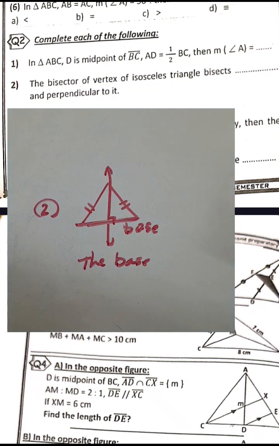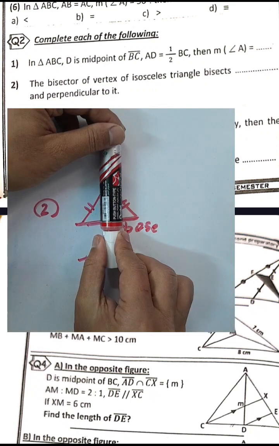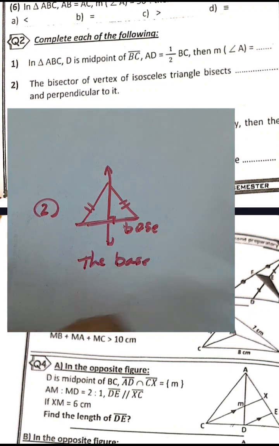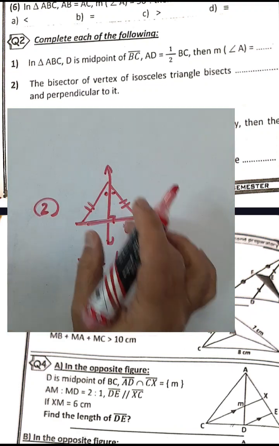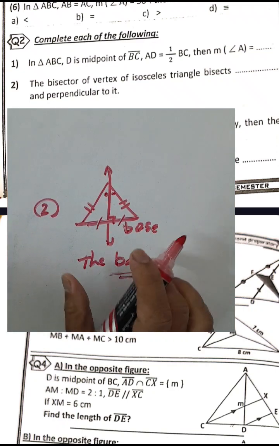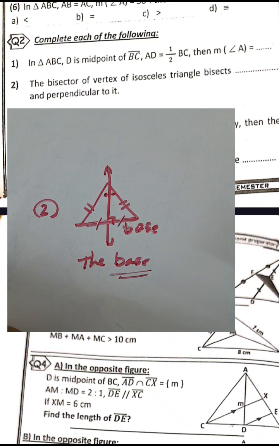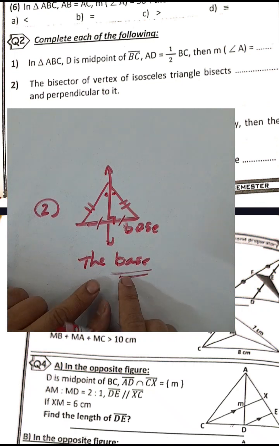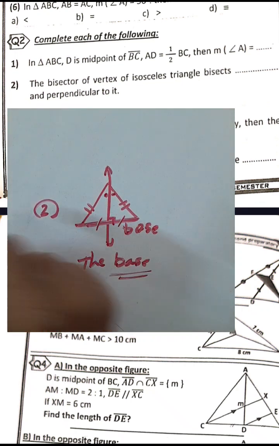Understood? Again, we call it the bisector of the vertex. In an isosceles triangle, it bisects the base and is perpendicular to it.